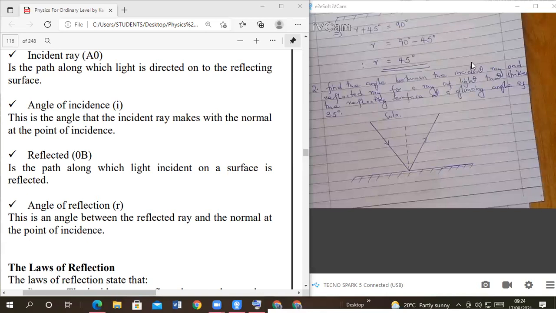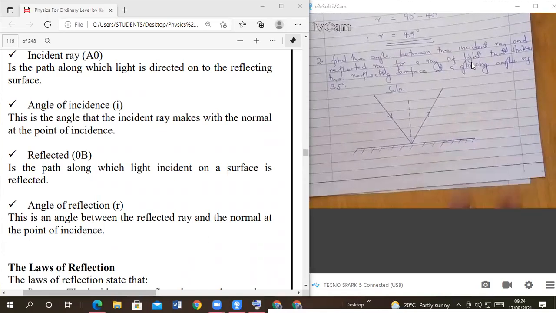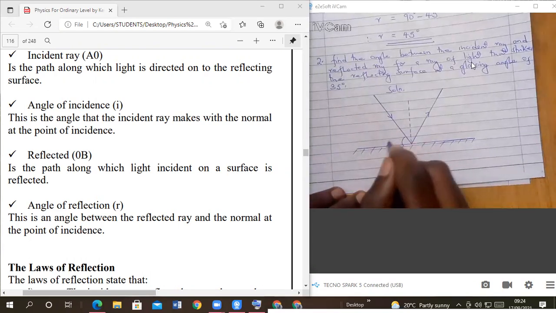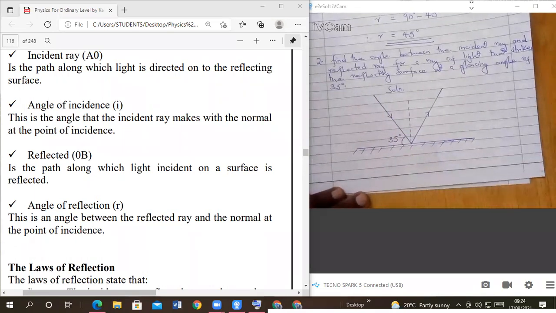So members, what have they said from the question? They've said the glancing angle is 35 degrees. So this angle is 35 degrees. Members, let's contribute, please. Let's not keep quiet.